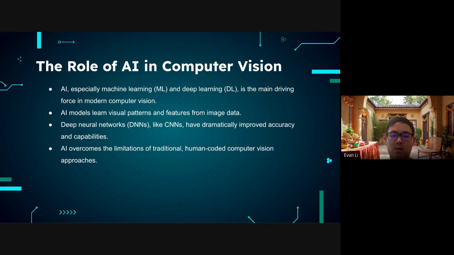Machine learning algorithms, and especially deep learning architectures like convolutional neural networks, are trained on massive data sets of images and videos. This training process allows these models to automatically extract intricate visual features, recognize complex patterns, and establish nuanced relationships within the visual data, all without explicit human coding of rules.